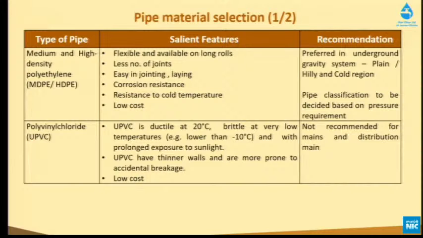It doesn't require flange joints and other things, so it can minimize leakage also. Especially in plain areas, we use the SDP pipe. In many places I have seen the PVC pipe, but I will not recommend it. The reason is that it doesn't have a long life, and if it is exposed, it becomes brittle very quickly. So try to avoid the PVC pipe.